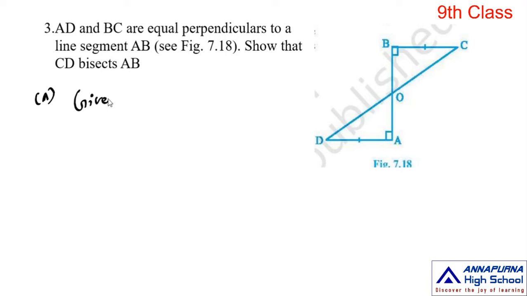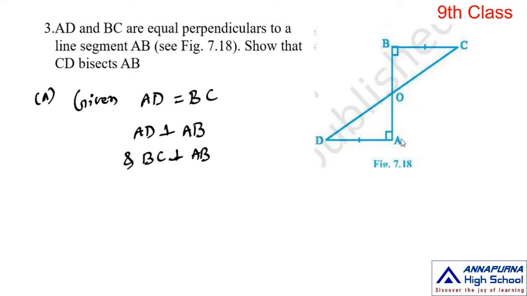Given AD is equal to BC. AD is perpendicular to AB and BC is perpendicular to AB.